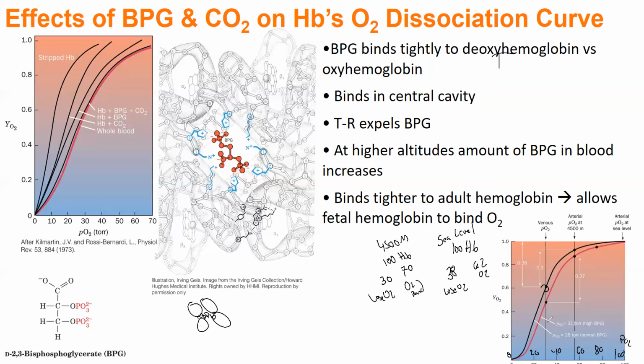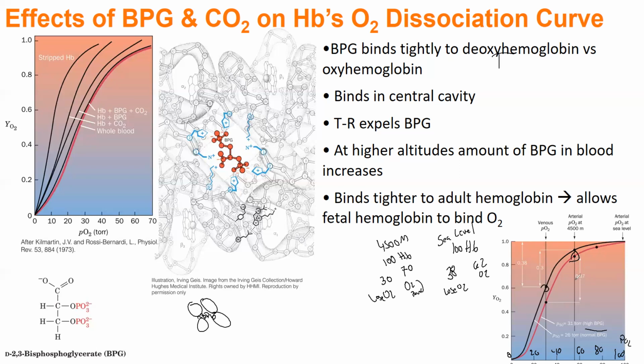The longer you stay at higher elevation, your body will produce more BPG. Let's take a look at this. The red line is higher levels of BPG after being at high elevations longer. Here, the fractional saturation at a higher BPG is restored to sea level levels.